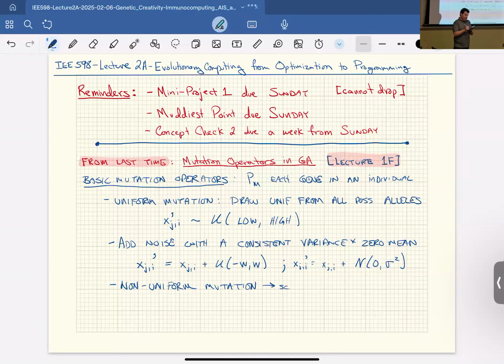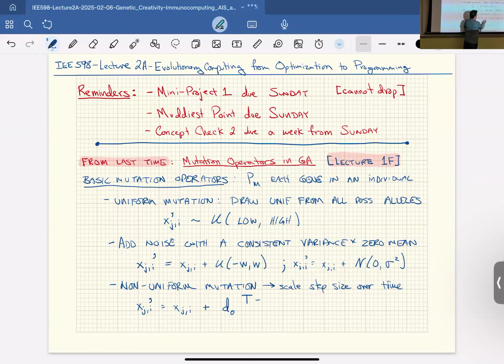where we scale step size over time. In non-uniform mutation, you might do something like: the next value of the gene is going to be the previous value plus some maximum displacement, which I'll call a hyperparameter, D naught, which will then get scaled by T. Let's say I have termination conditions and I'm going to run my genetic algorithm until I reach T time steps or T generations.